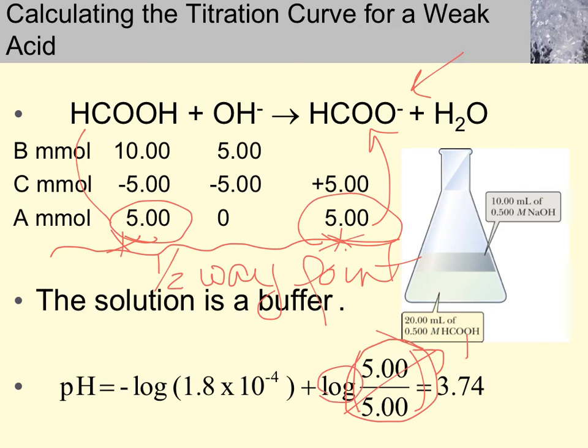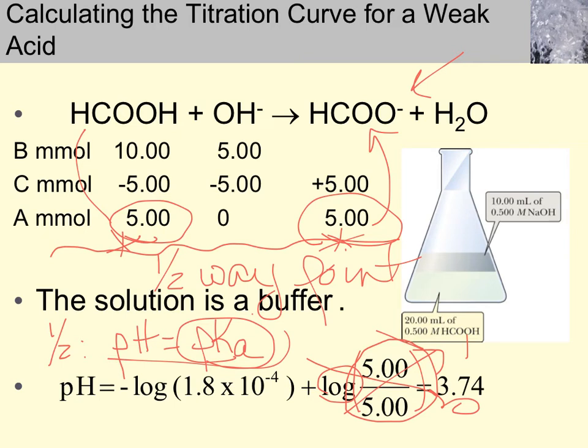And what is the log of 1? It is 0. So what does that mean? That means at the halfway point, pH equals pKa. So you don't have to do any calculations at the halfway point. All you have to do is figure out what pKa is. Remember what that is? It's minus log of the Ka value, which is given to you.